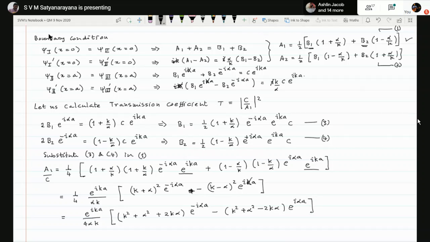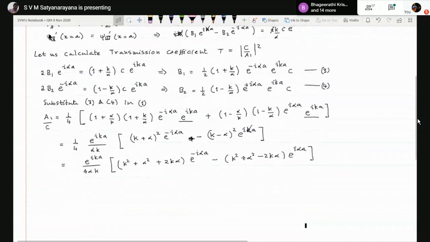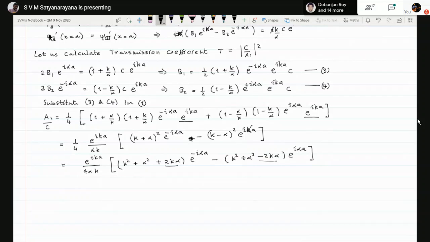Now you can see that if you take this 2k alpha, and minus into minus 2k alpha is plus 2k alpha. So that will give you e to the i alpha a plus e to the minus i alpha a. So that is e to the i k a by 4 alpha k into 2k alpha into e to the i alpha a plus e to the minus i alpha a.